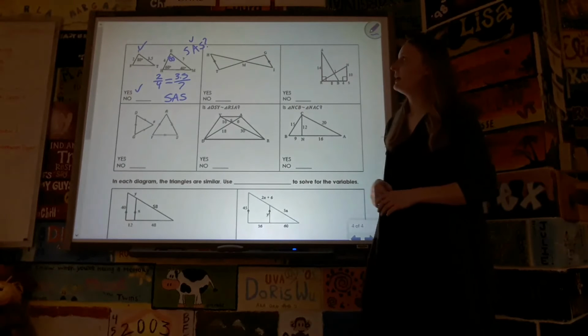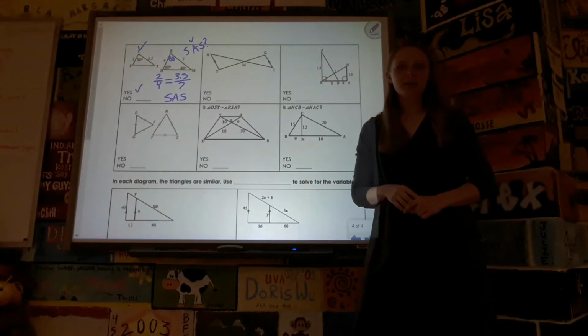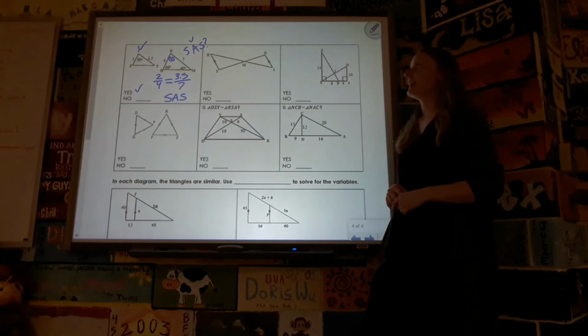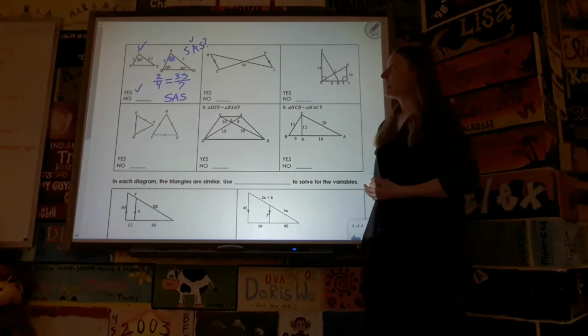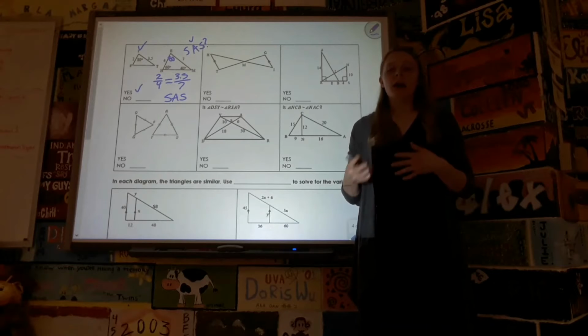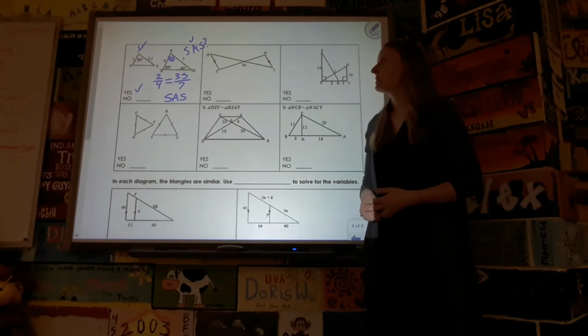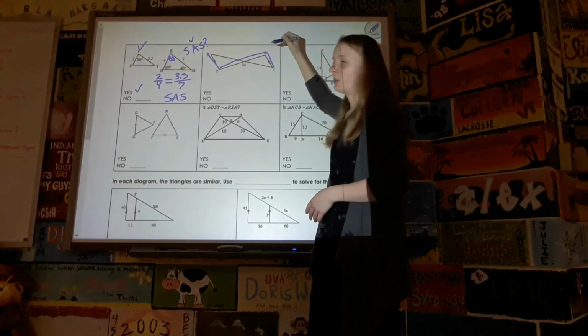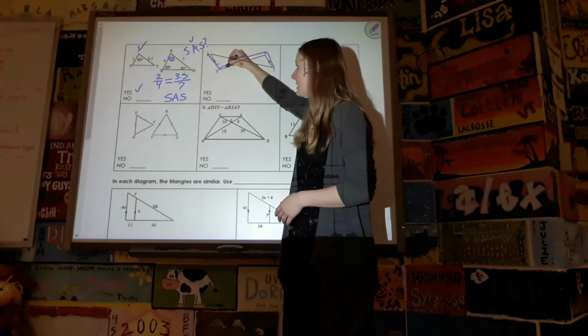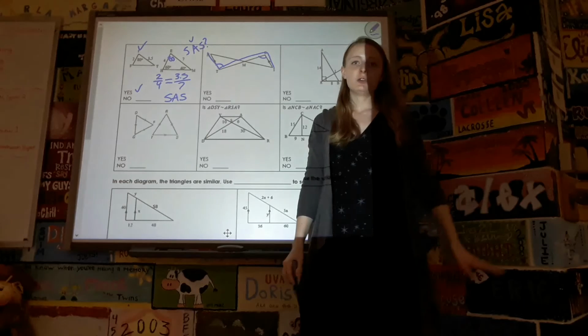Alright, this one looks very blank, but there is an important detail to recognize about this picture. We do have these parallel segments here. And remember, parallel lines or segments give you angles. So if I look really carefully, I can see another Z. Remember, the corners of the Z, the alternate interior angles, are congruent.